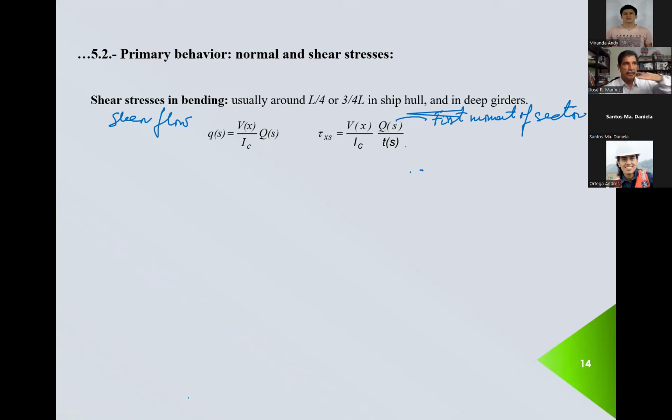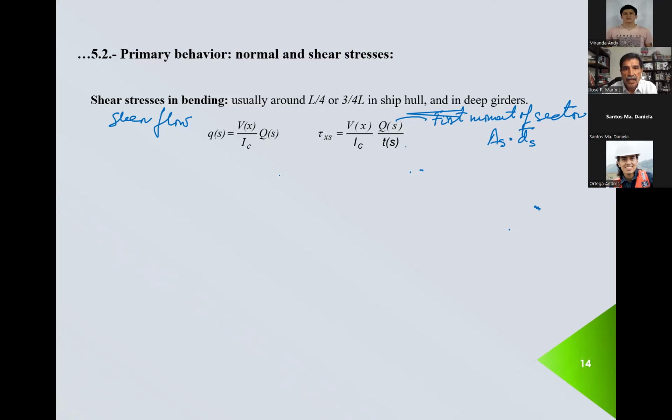So we said, okay, we're going to start here, and we go up to a certain point where we know the shear stress is null. And what we can do is express that as the product of the area of the sector times the position of its centroid. So this is the area of the sector times the position of the centroid of this sector, right?